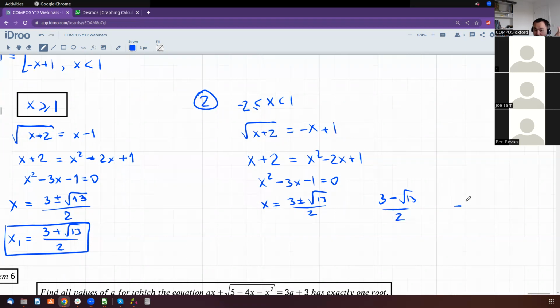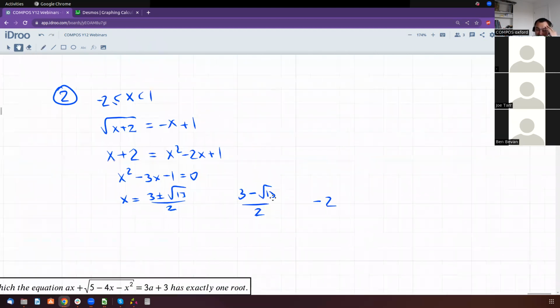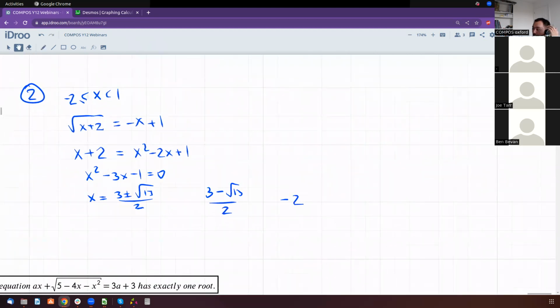We need to compare it to minus 2. So how do you know whether one of them is bigger or not? Well, is it less than minus 2? So compare.